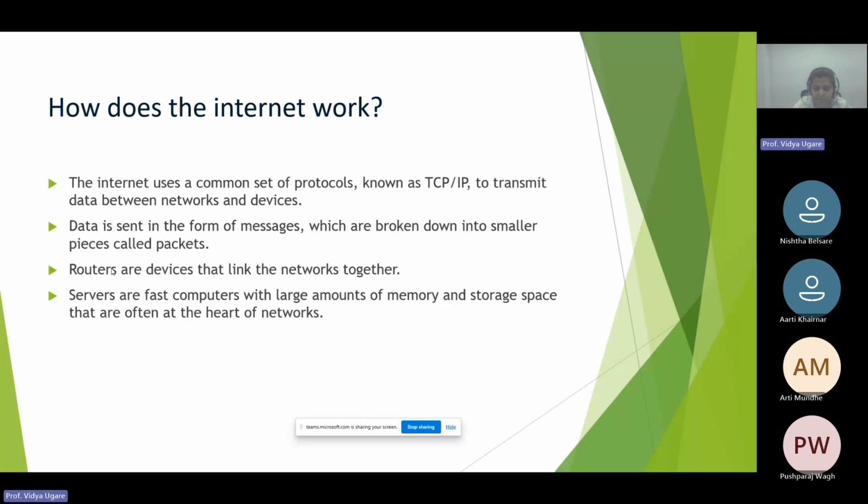But router is used to connect one computer from, let's say, Pune to one computer from Australia. Means when we have different networks to communicate, we need a router. But let's say we have one lab with 50 computers.